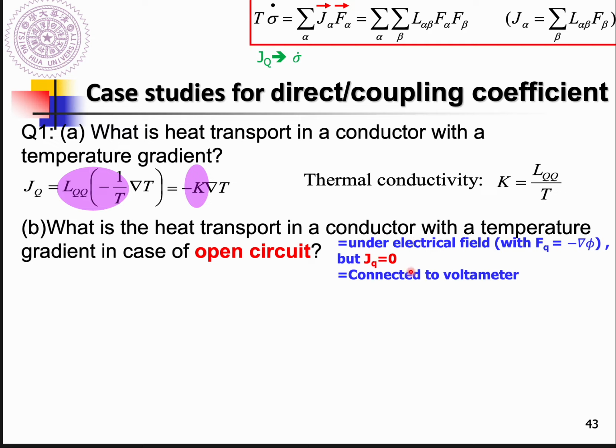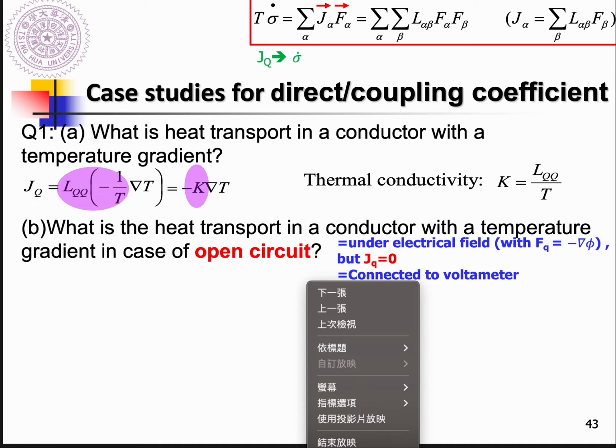So you can consider, for example, that you connect these conductive materials to the voltmeter. And as you know, the voltmeter has a very large resistance, right?